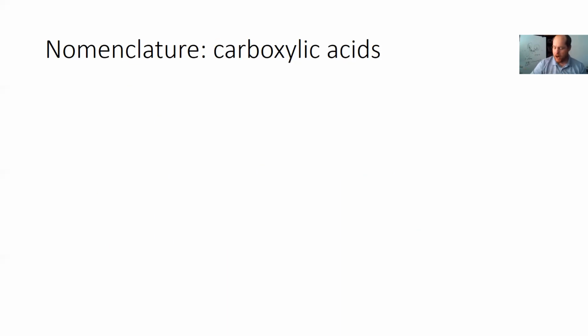Okay. Carboxylic acids. Carboxylic acids are going to have this R bonded to C, double bond O, so your carbonyl bonded to an OH. What we're doing here is we're going to change the ending to oic and the word acid.